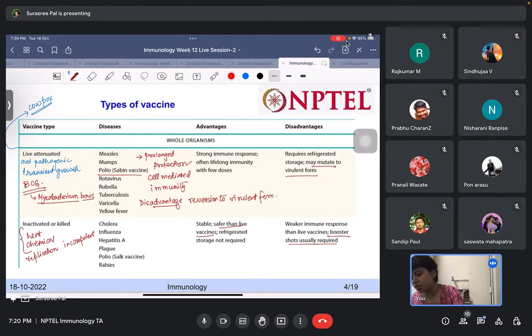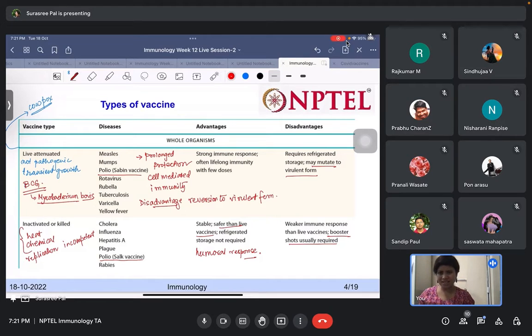They usually produce only humoral response, so antibody mediated response is mainly produced. One good example is the Salk polio vaccine, which does not induce cell mediated immunity, and also does not induce the secretory IgA response.